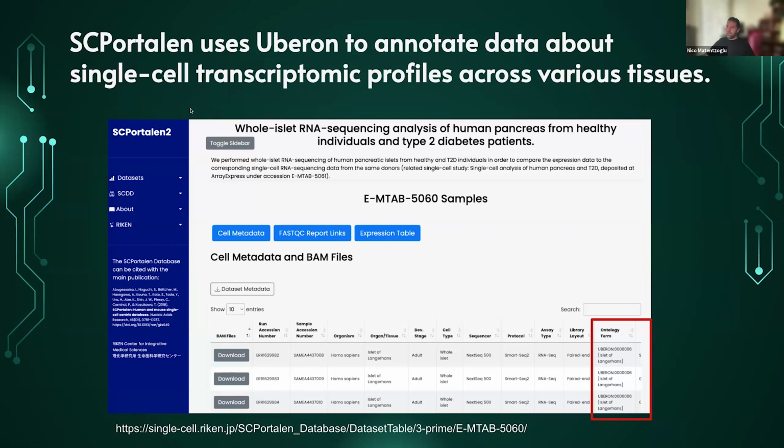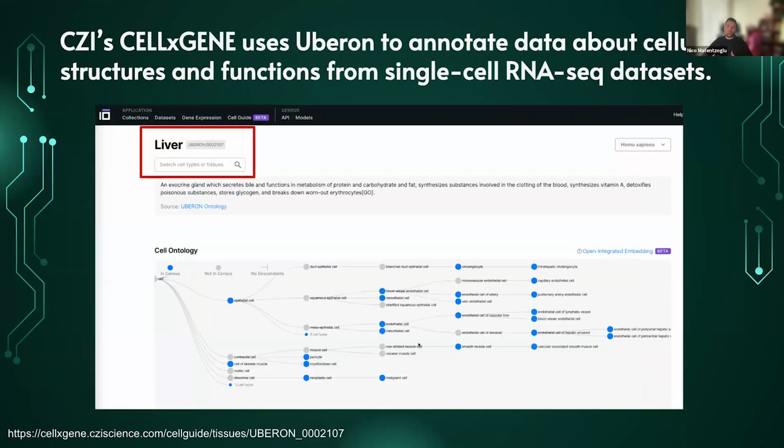This is for annotating data about single-cell transcriptomics profiles across various tissues, and this is a boilerplate use case where you want metadata descriptions about datasets, and you want to say, okay, this has been, for example, an assay related to the islet of Langerhans, using the Uberon ontology. So here, this is really a use case about data standardization, and that's what most of these previous use cases were about as well.